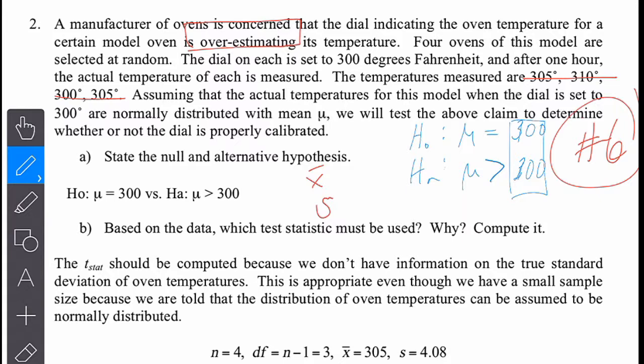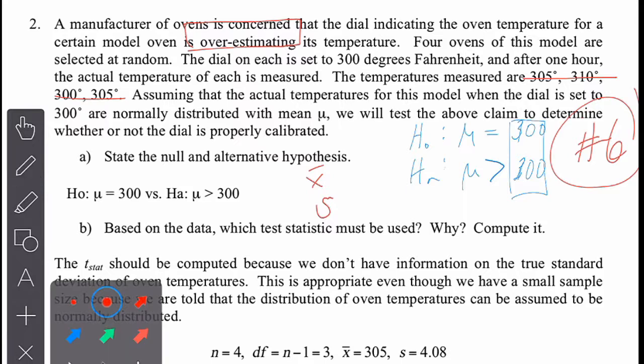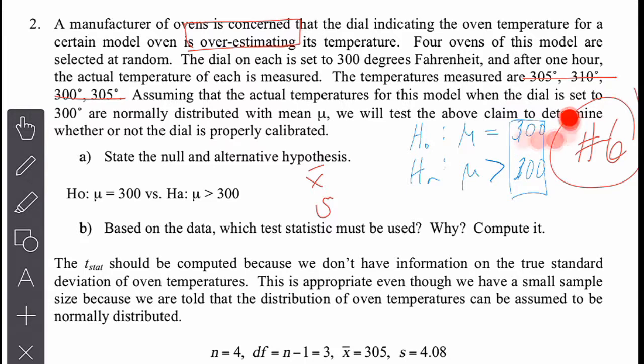You're going to test whether the mean that you got is any different from 300, because it should be about 300. And how spread out it is matters: if the data are really close together, you don't need much to be very different.